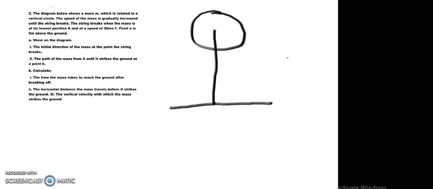Point A is 5 meters above the ground. This is to say that 5 meters above the ground is here, 5 meters. This is the ground.